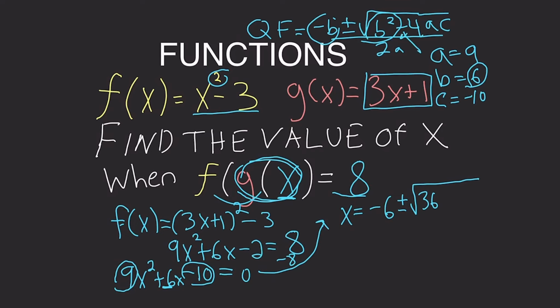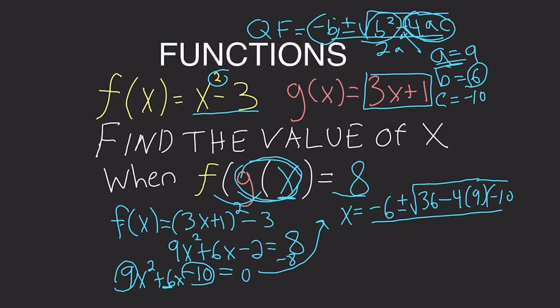Then notice we have 4 times a times c, so I'll go 4, parentheses. The a was the 9, the c is a negative 10. Now this is all underneath there. So this is over 2 times a, which a was 9, so it's 18.